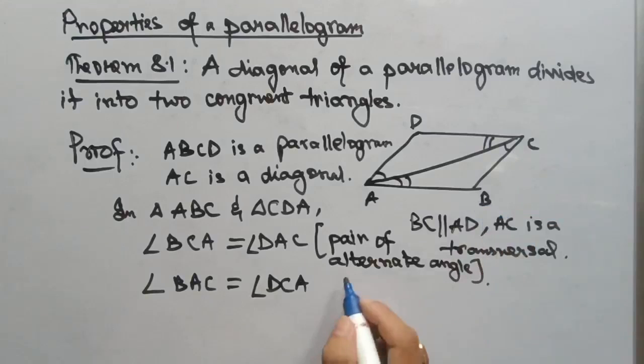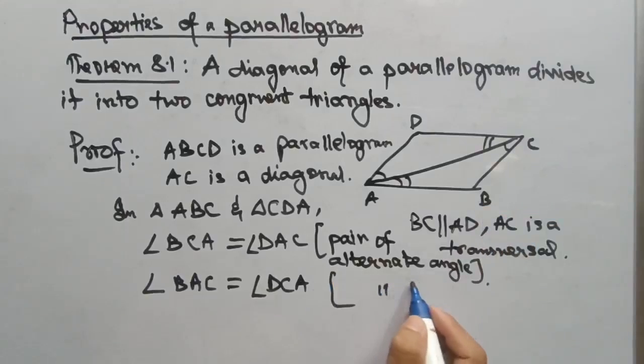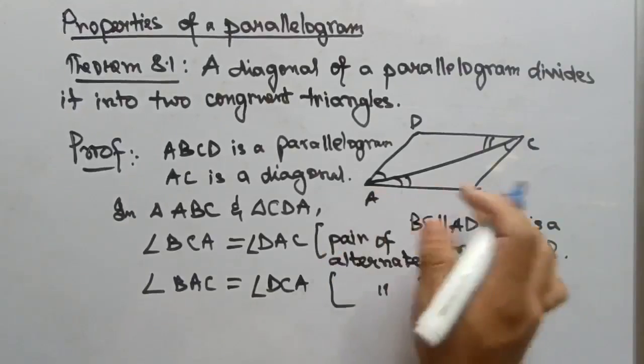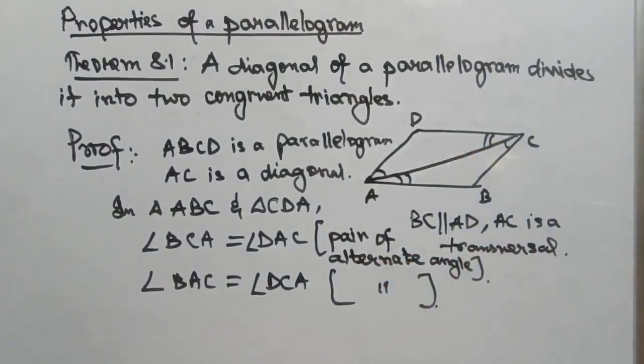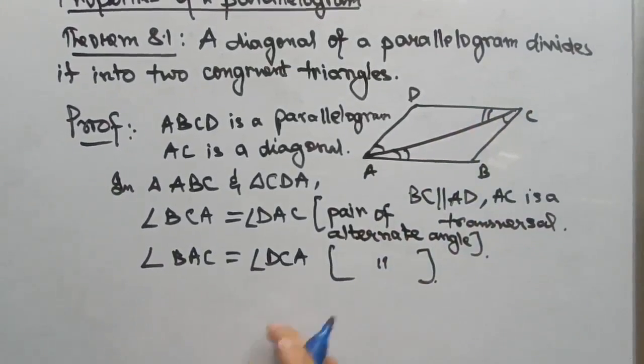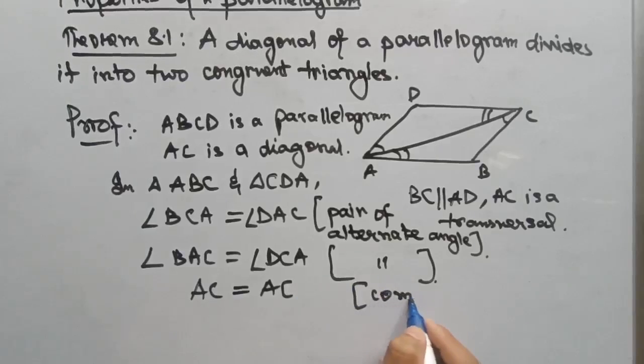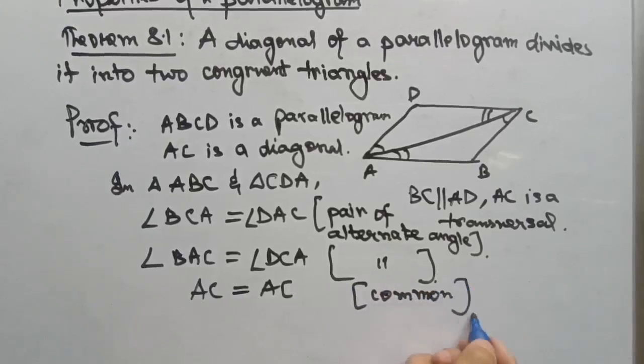Why? Because this is also a pair of alternate angles in which the side AB is parallel to CD and AC is a transversal. Now AC is equal to AC, common to both triangles.